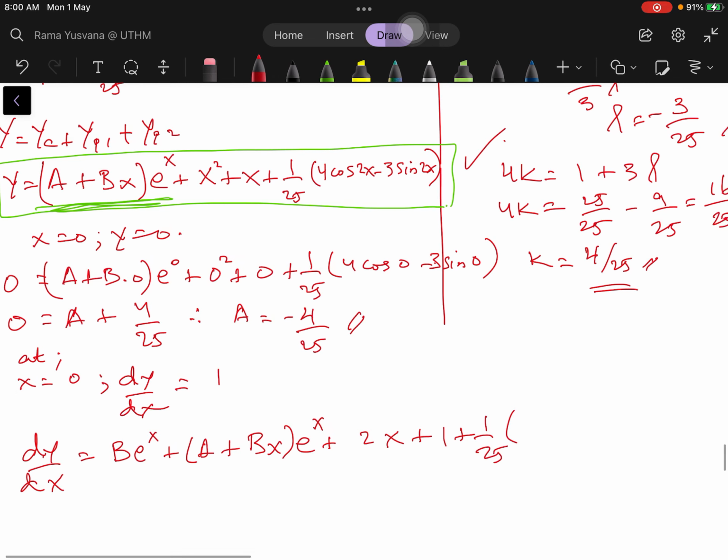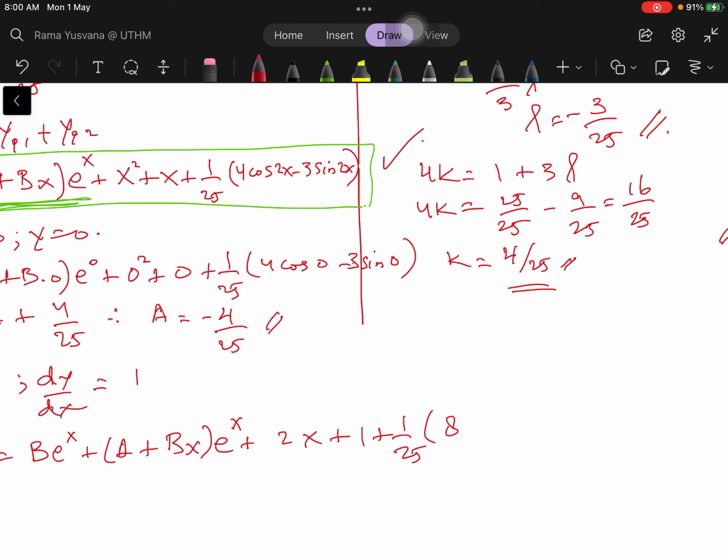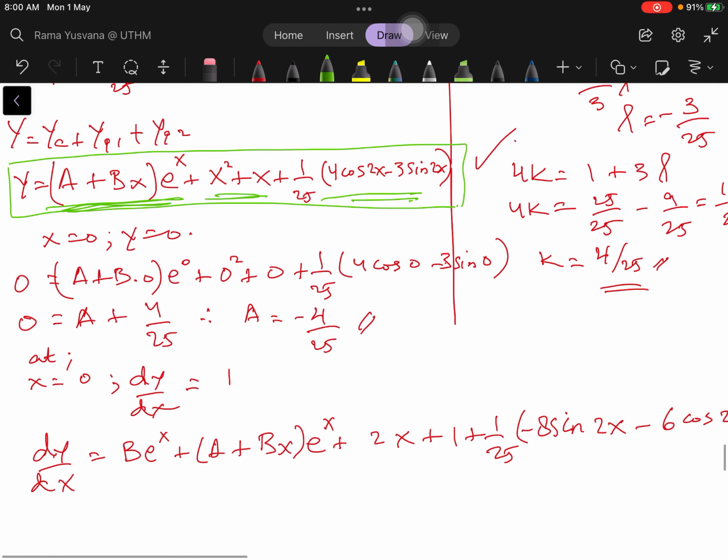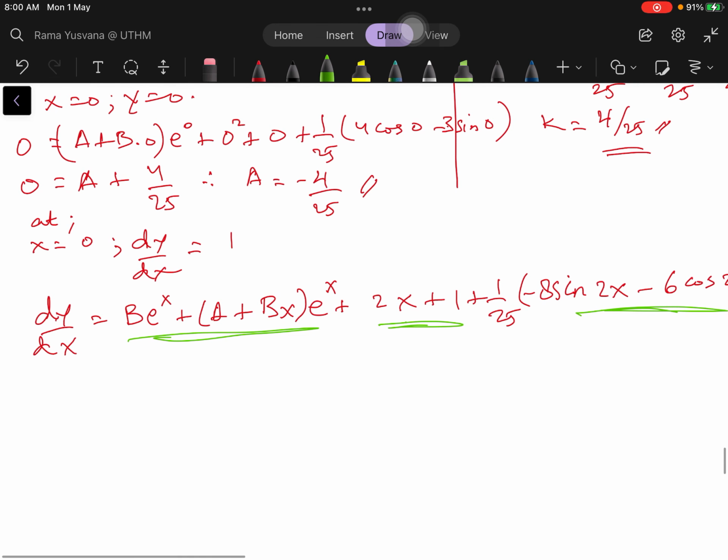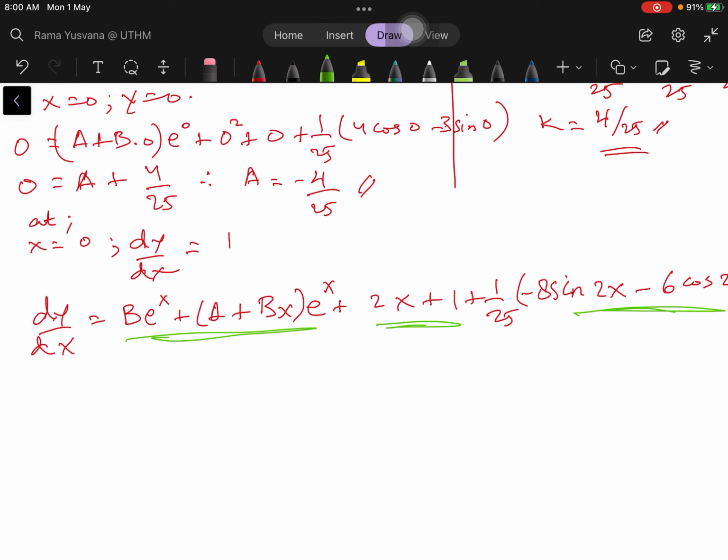And then 1 over 25 times negative 8 sin 2x, don't forget the negative, and negative 6 cos 2x.